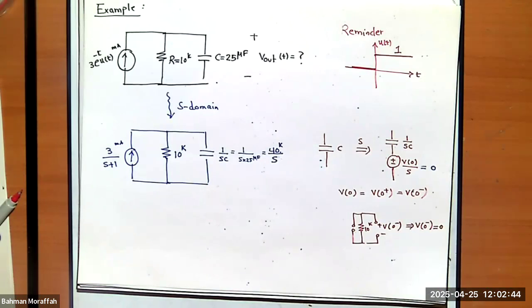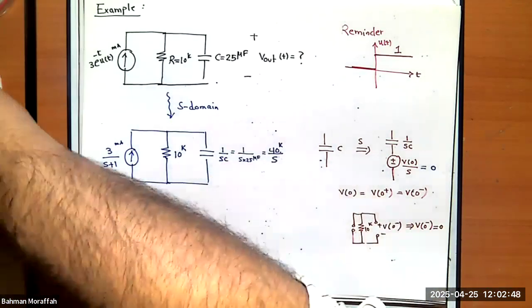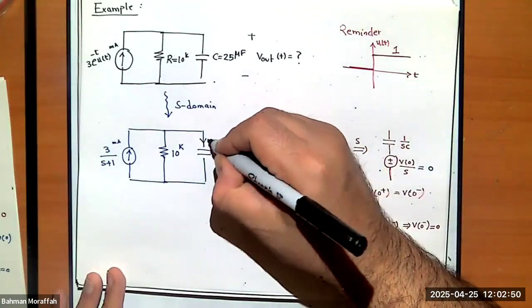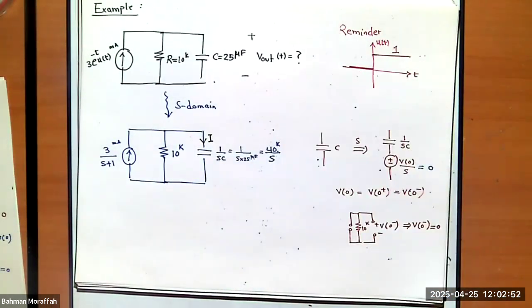But I'm claiming I'm done. How? Let's find this current here. Can I find this current? Yes? What is the circuit? That's a current divider. I know exactly what this I is.